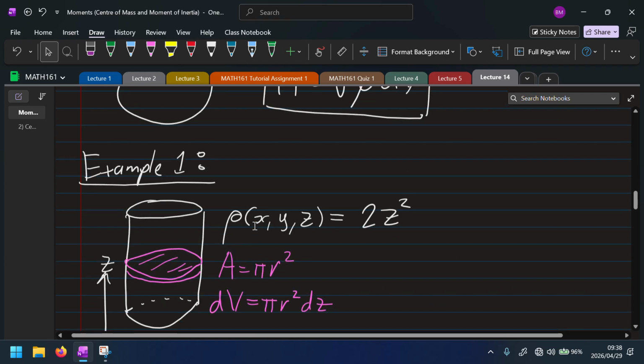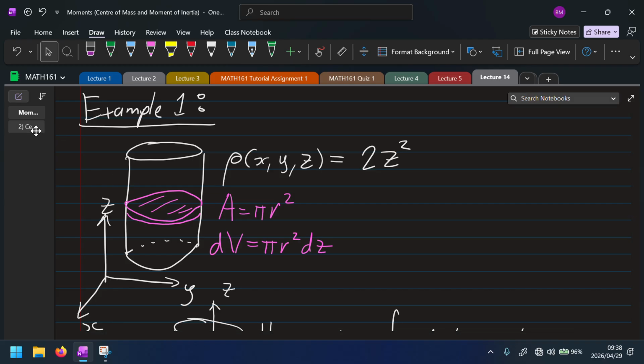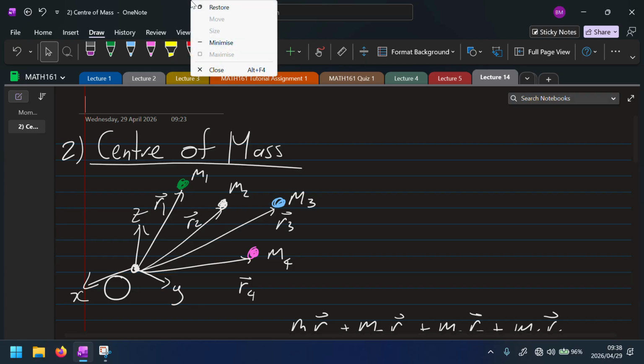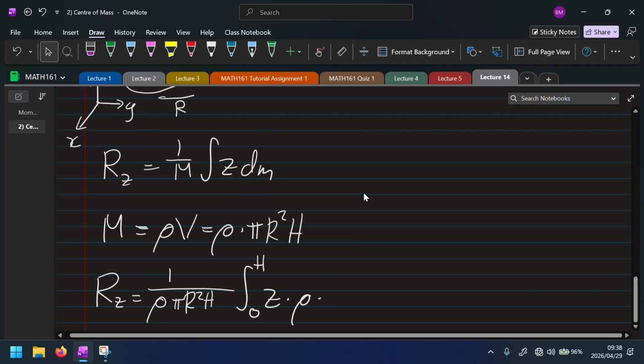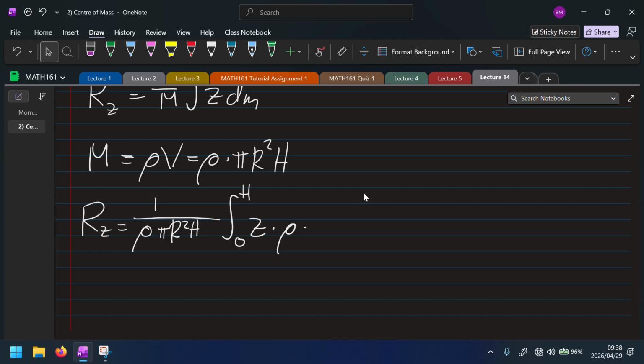Pi r squared dz. Please make sure you go through this. Your class test 2 is mostly this: volumes and inertia and center of mass. The disk method goes throughout: finding volumes, finding mass, finding center of mass, finding inertia. All of it is these volume type questions. Pi r squared dz. Let's put that in.